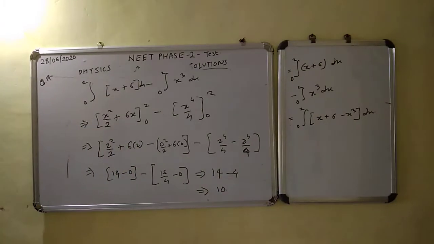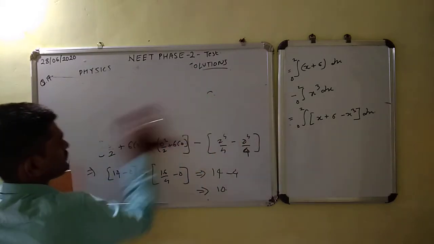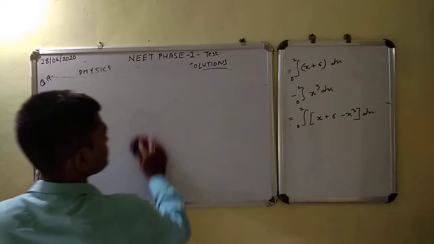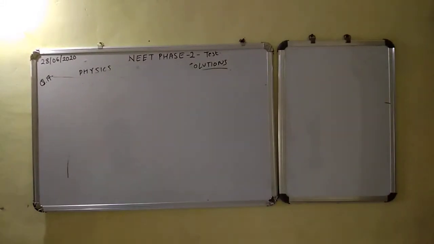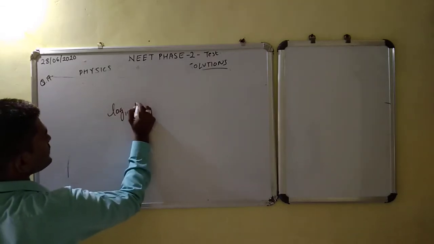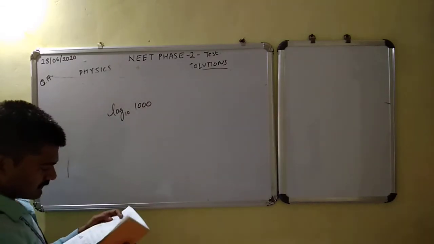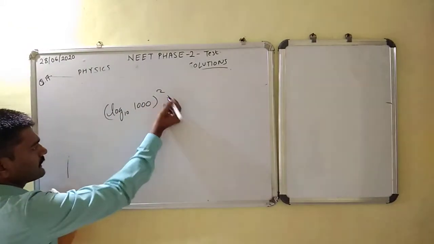Okay. 17. Now 18. We'll see what is the 18th answer. Question number 18. Log of 10 to the base 1000 or 10,000? 1000 raised to square. Now this, always remember, this is actually square.